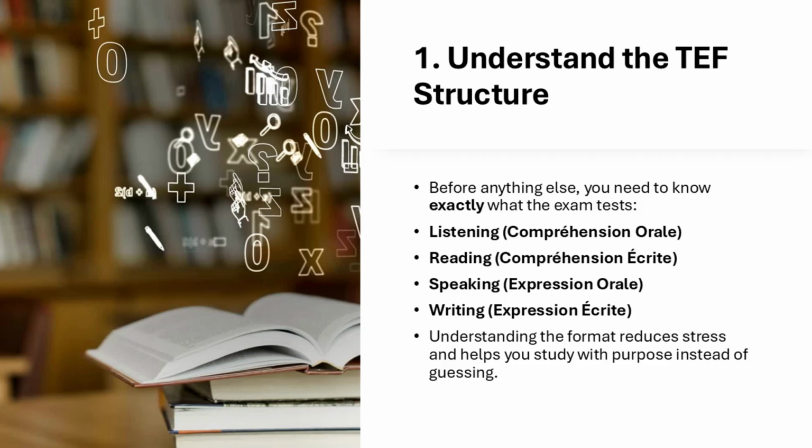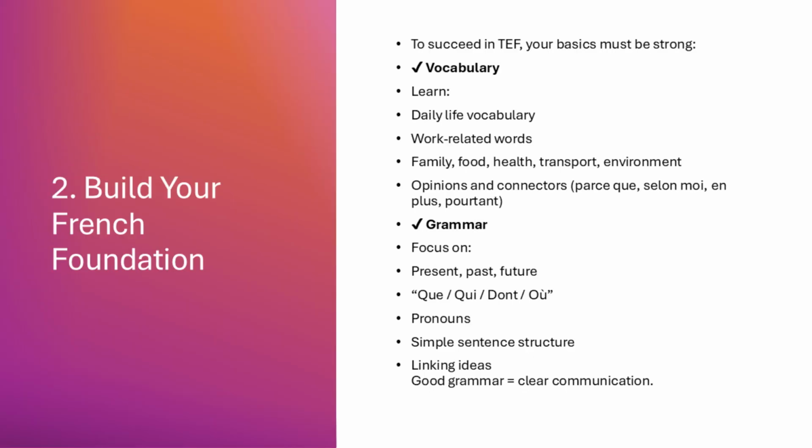So you have to write a letter to the person who wrote that statement. So this is all the information related to the structure of the TEF exam. The writing section is 60 minutes: 20 minutes for section A and 40 minutes for section B.